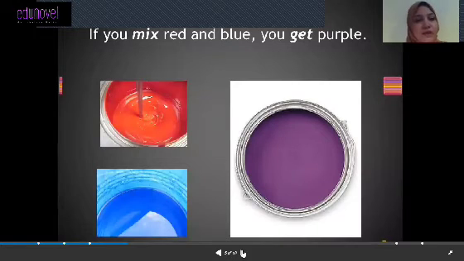Okay, the third sentence: if you mix red and blue, you get purple. This is also a fact or a general truth, because when you mix this, you're going to get this. It will never change. So this is the zero conditional.